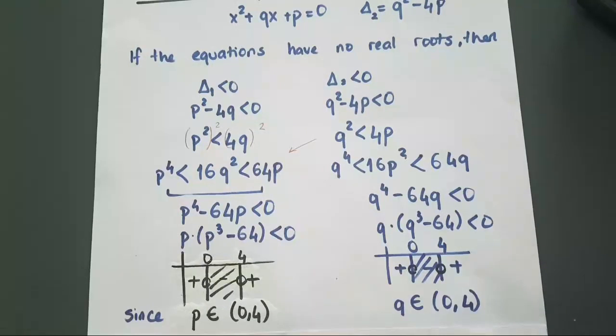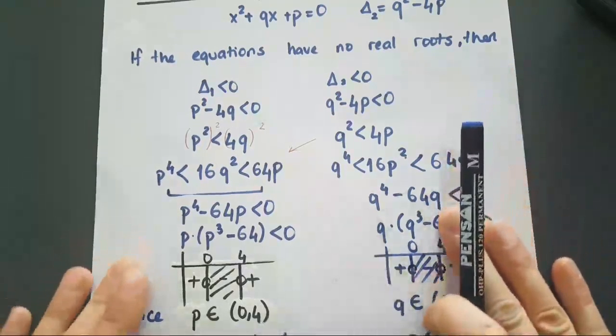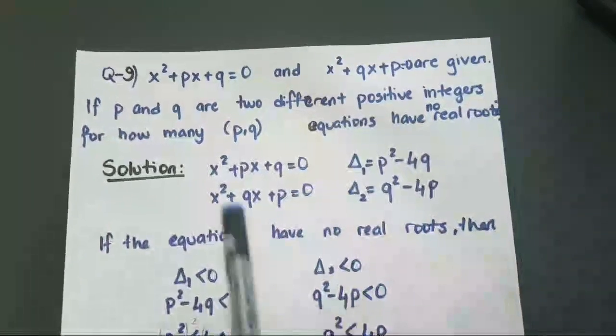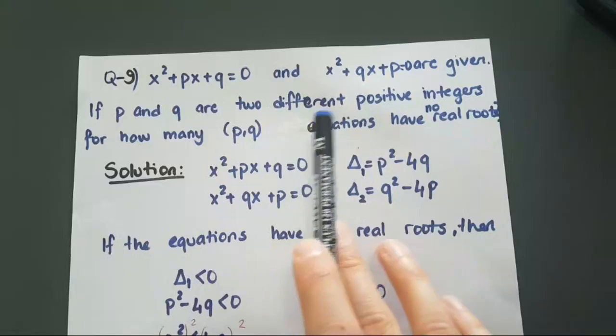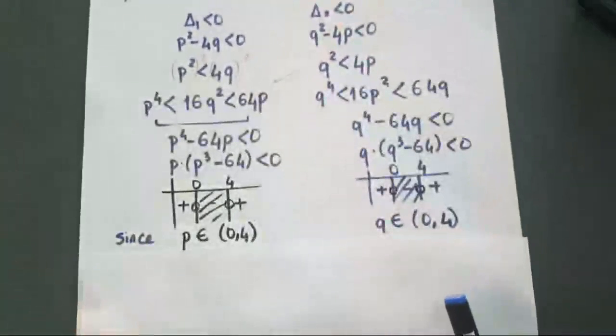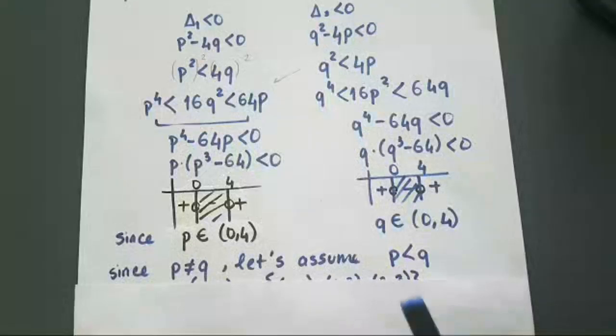And as you said, p and q are both between 0 and 4. And let's remember the question: p and q are different positive integers. So assume that p is smaller than q.